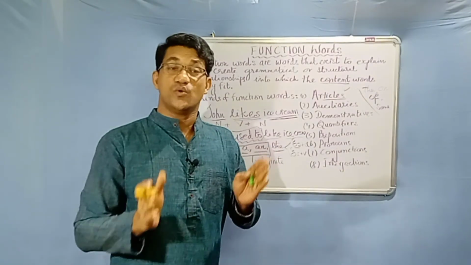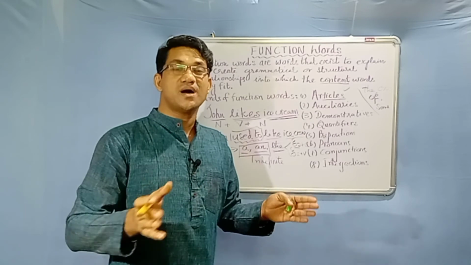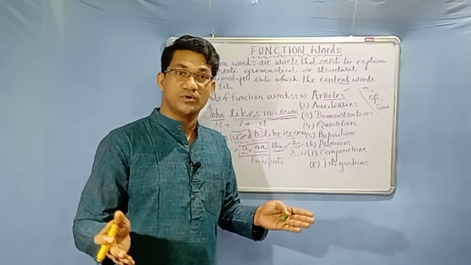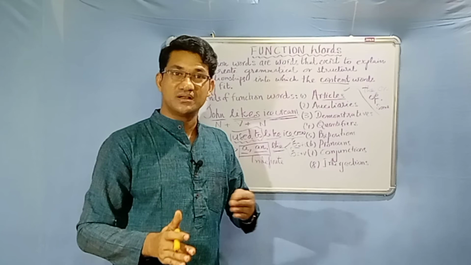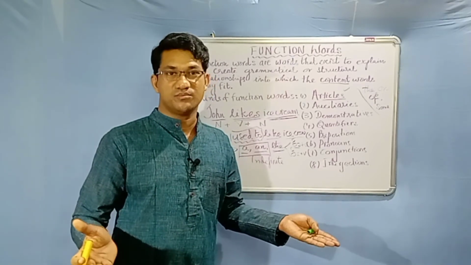We use a and an to refer to something which is not definite, something we are not sure about. I saw a man in the junction. I saw a girl in the street. I don't know anything about that man. I don't know anything about that girl.